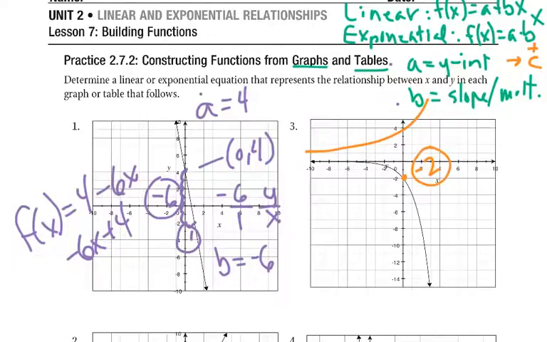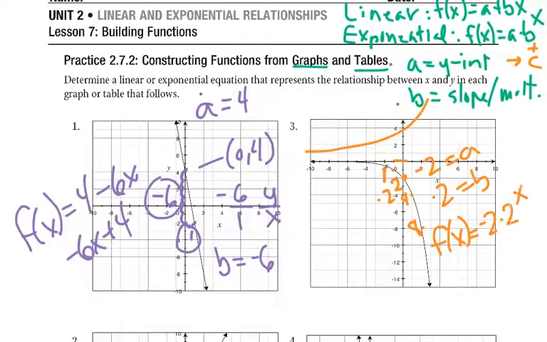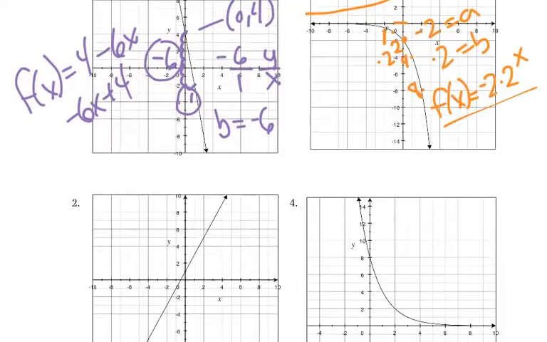That negative 2 will make it do that. So now we figure out how it's growing. Looking at these points, as I go to the right one, I go from 1 to 2 to 4 to 8. So we're going to be timesing by 2. So our a is negative 2, and timesing by 2 is our b. So f of x equals negative 2 times 2 to the x. And there's our answer for that one.